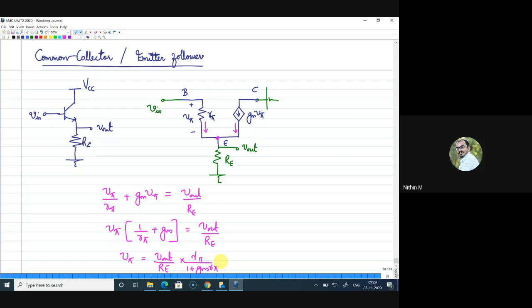Pallavi, are you there? Yes, sir. So how can I substitute GM R pi? What is GM R pi? All right, Kiran Kumar. Yes, sir. So how will I write GM R pi in terms of any other variable related to BJT?